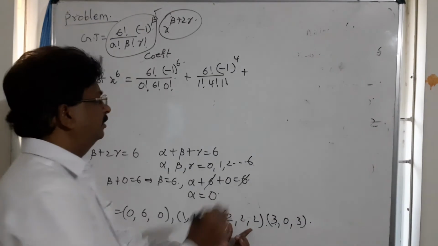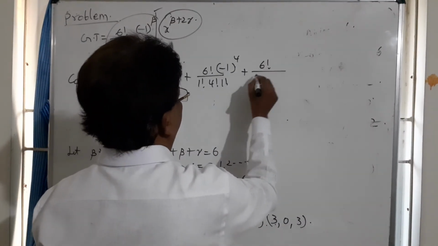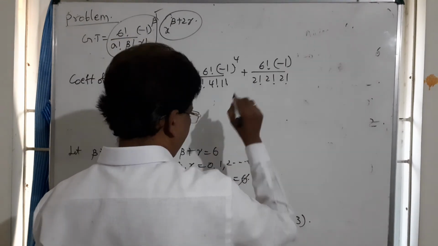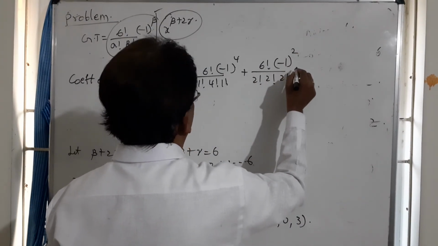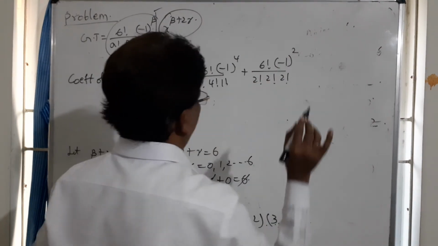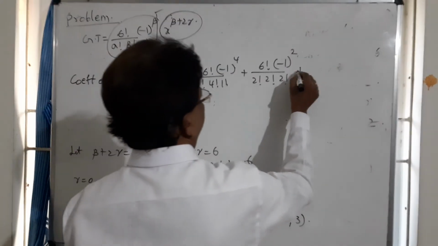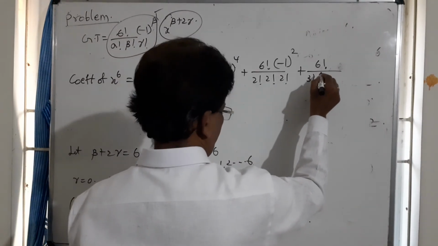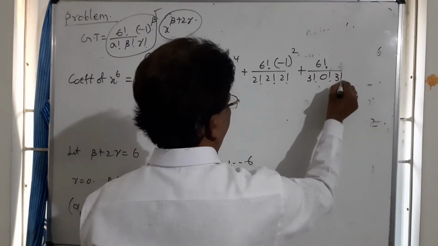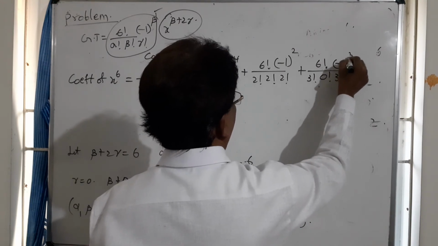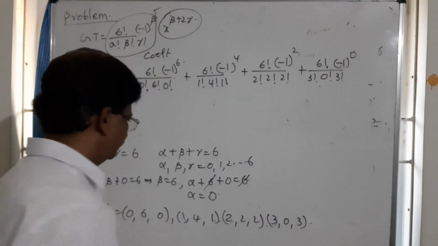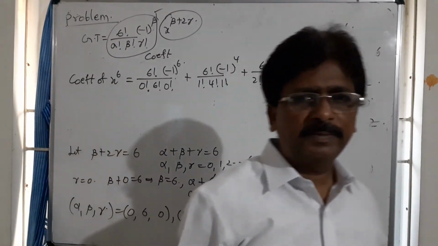Next one, 6 factorial by alpha factorial, beta factorial, gamma factorial, minus 1 whole to the power of beta, plus 6 factorial by next this one, 3 factorial into 0 factorial into 3 factorial, minus 1 whole power 0. Okay, this is the coefficient.